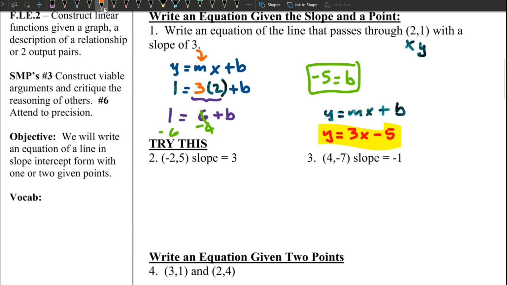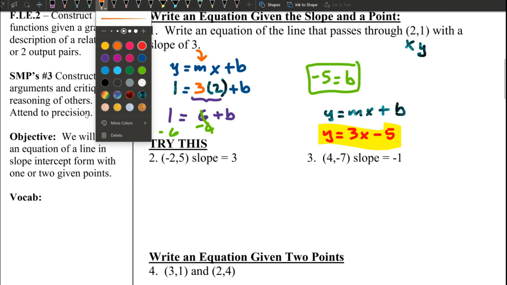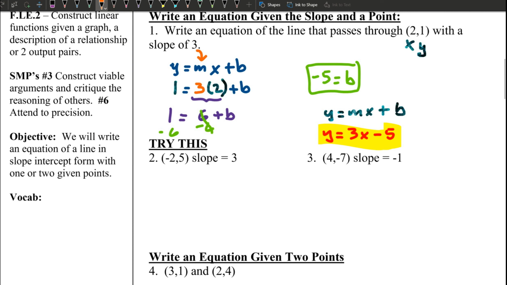Okay, I will walk you through this problem. Again, try it out first before I do it. Go to mx plus b. We know our slope is 3. We know our x is negative 2. We know the y is 5. Right? An x, y ordered pair.